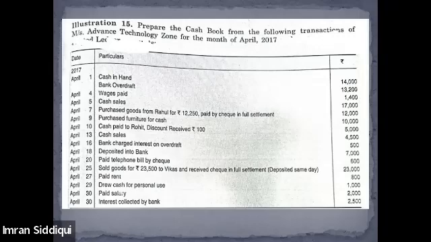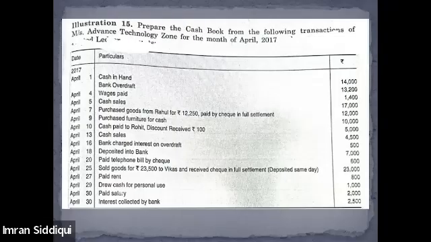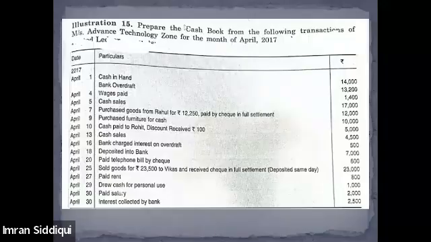So earlier we were required to pay 5,100, but since he gave us a discount of 100 rupees, we just paid him 5,000. So this is after discount. Alright. So on 10th of April, by Rohit, 5,000 in the cash column.